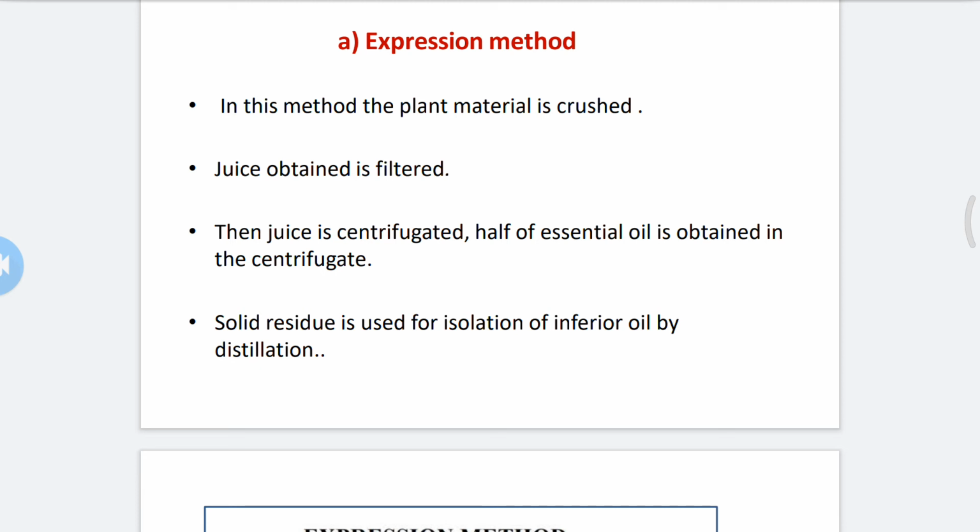Half of the essential oil is obtained in the centrifuge. Then the solid residue is used for isolation of inferior oil by distillation.